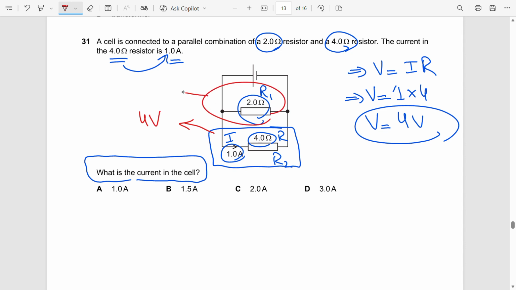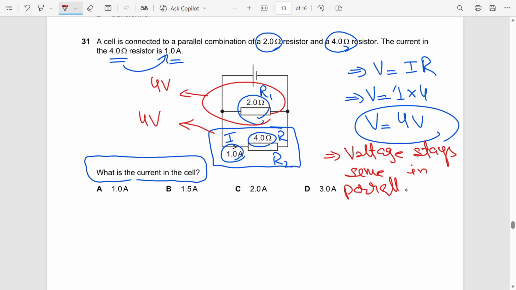Right here in this portion, what will be the voltage? Voltage will stay the same. Let me rewrite it again: voltage stays the same in a parallel combination of resistors. Parallel circuit or parallel combination, you can write anything you want.